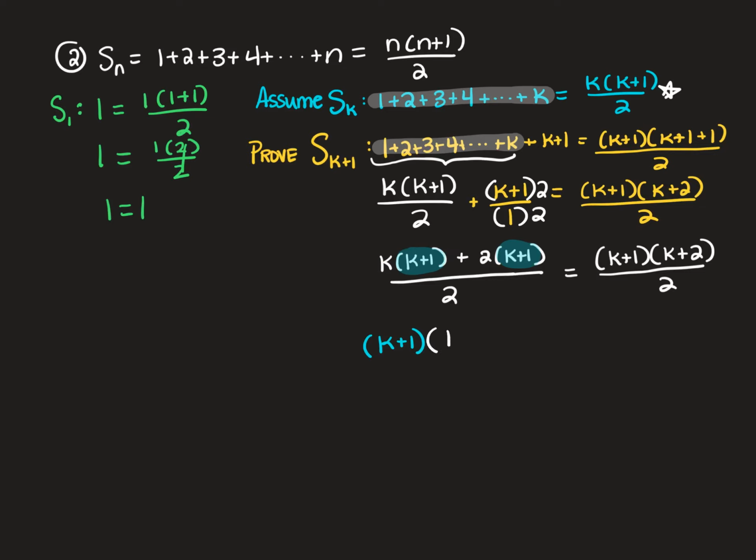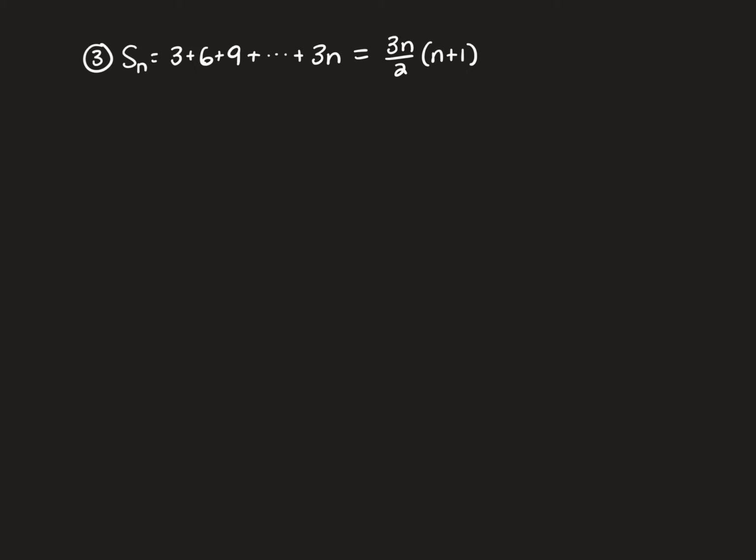So I'll have times k. And then what would be left here when I factor out a k plus 1 is plus 2, all over 2. And look at that. The two sides are the same. And we have proven that that actually is a true statement.